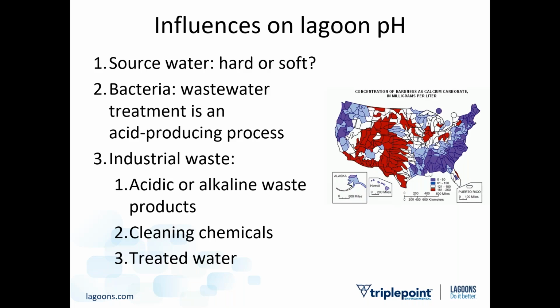That was because when they deionized their source water, they were removing the basic carbonate alkalinity that was coming with the water. So when that water hit the treatment plant and hit the acid producing bacterial processes, the pH dropped more than you'd expect. So the water coming out of that lagoon might only be 6 to 6.5 rather than the 7-ish you'd expect to see. So that can be a more subtle effect from industrial waste treatment.